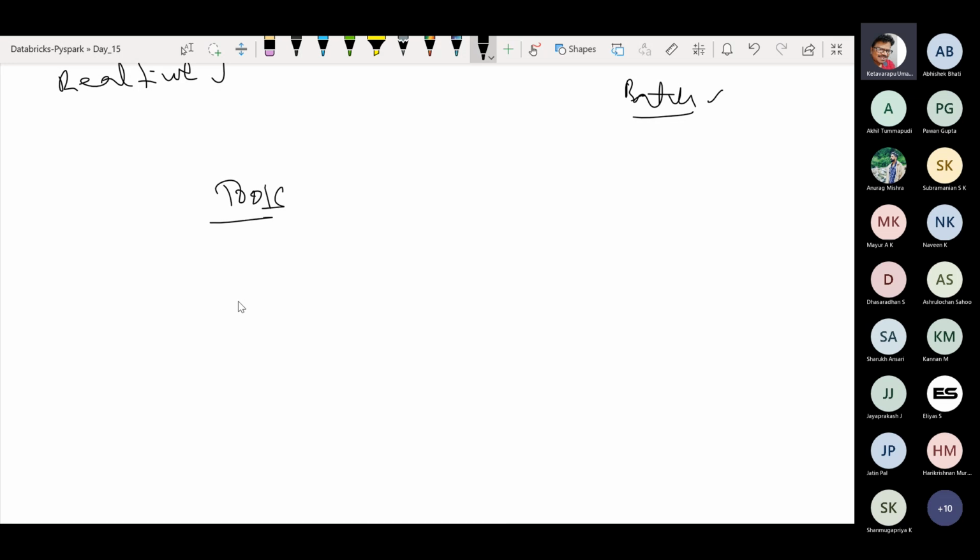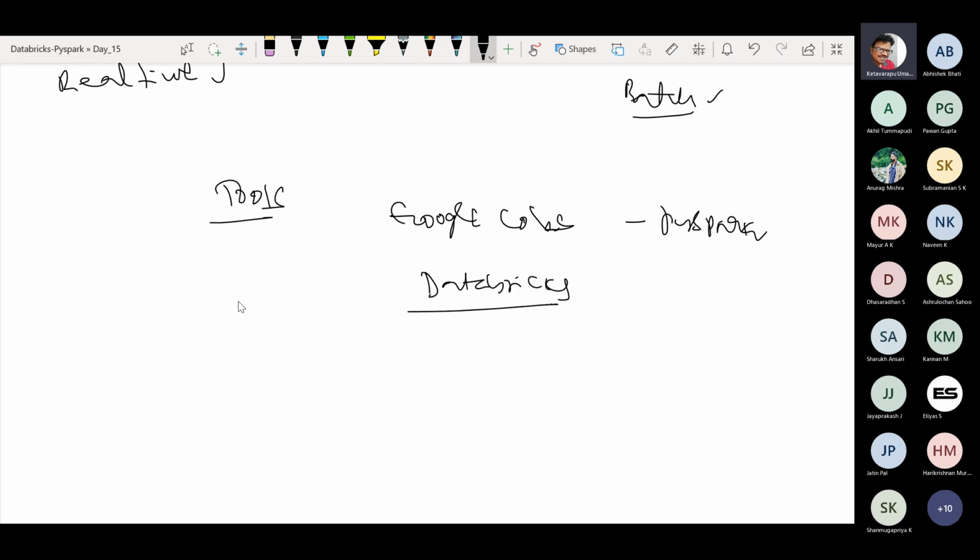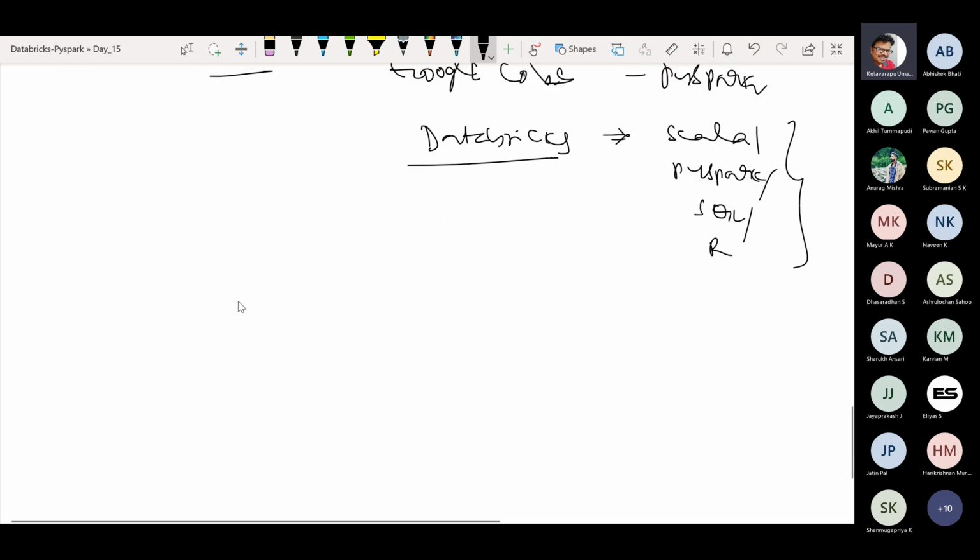Maybe you can use Google Colab with the support of PySpark, or else you can use the Databricks Community Edition, which is proprietary and of course supports Scala, PySpark, SQL context, and R. All these things are by default supported by Databricks.